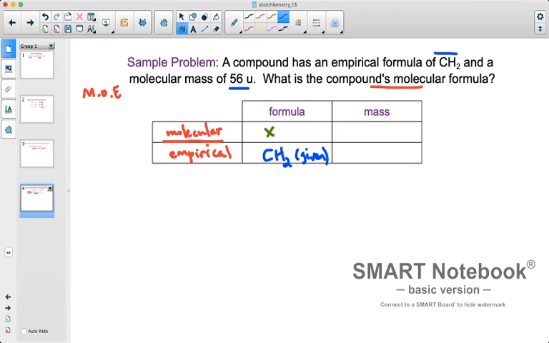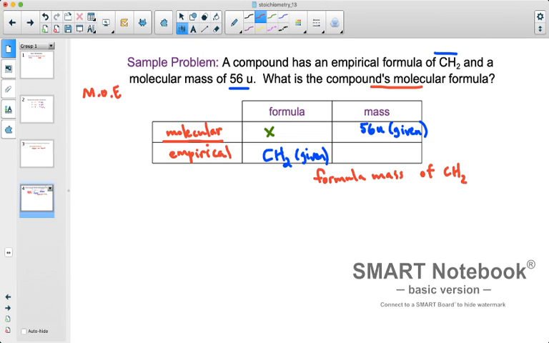So I can place that here, 56 atomic mass units, and that was given already. Now I still have one more thing to finish, and I have to realize that I can easily calculate the empirical mass. When I want to find the empirical mass, all I really have to do is take the formula mass. And I need to find the formula mass of CH2.